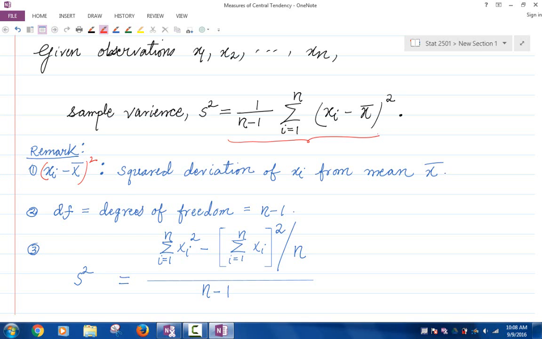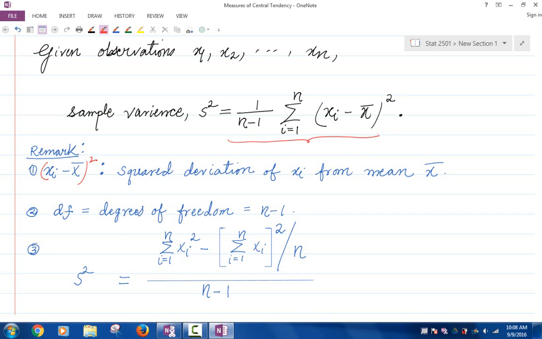Now, one problem with the sample variance, though, is that it's giving you squared deviations, right? You're looking at squared deviations. So let's say that the unit of the observations is inches. Well, in that case, what is the unit for the sample variance?